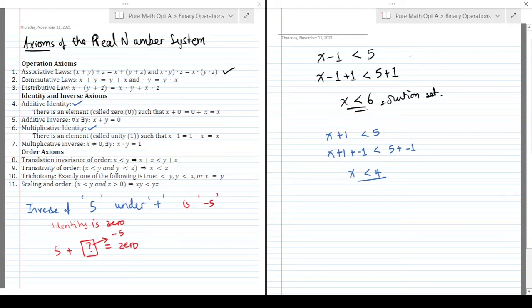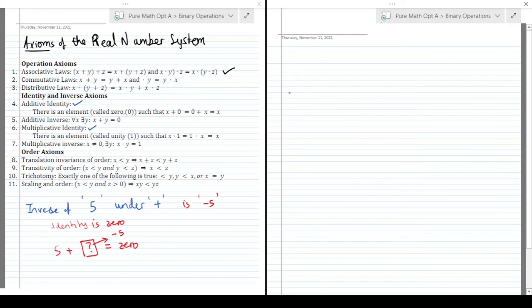There's another one as well, transitivity of order. You don't really use transitivity so much in solving linear inequalities, although there are cases we will meet. Probably not in unit 1, but there are some things we will do in unit 2 where we might have to utilize this transitivity.